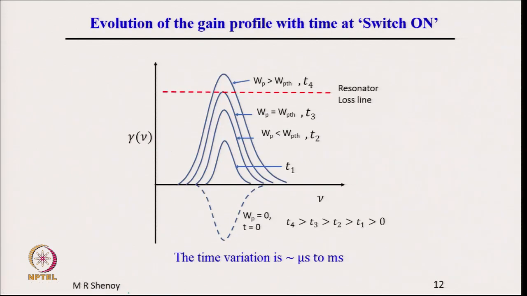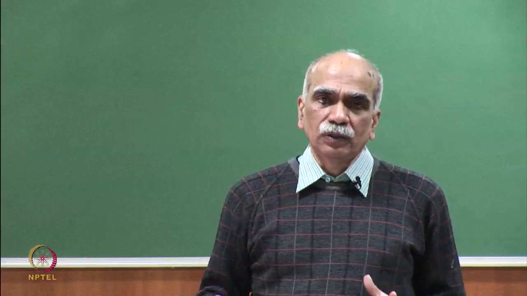The evolution of the gain profile with time is what I am now discussing. Switch on refers to a small period of time, a small delta t just after switching the electrical power or the pump on.